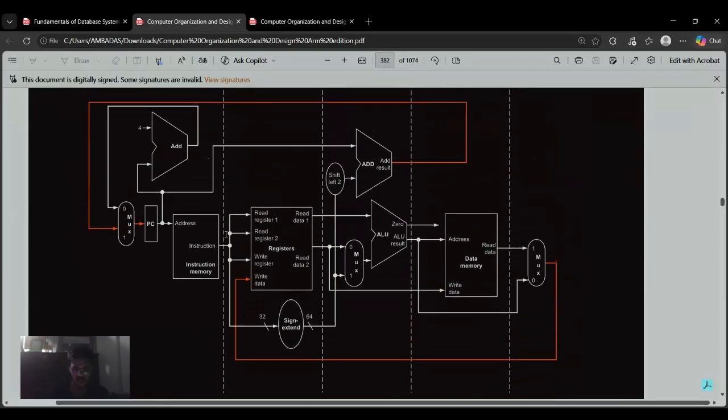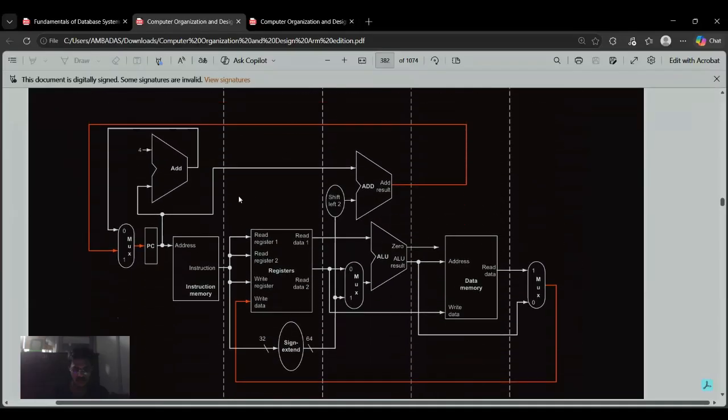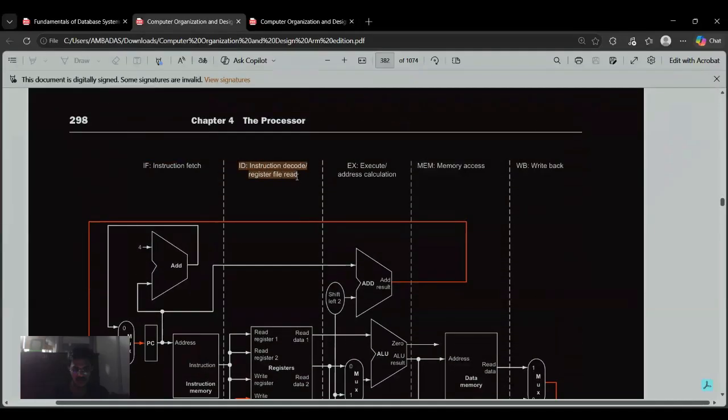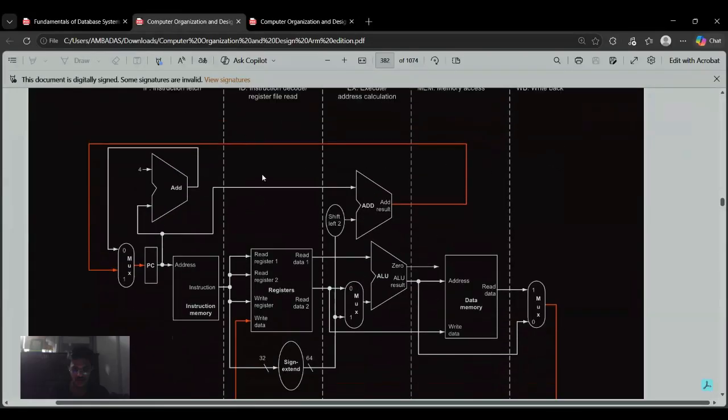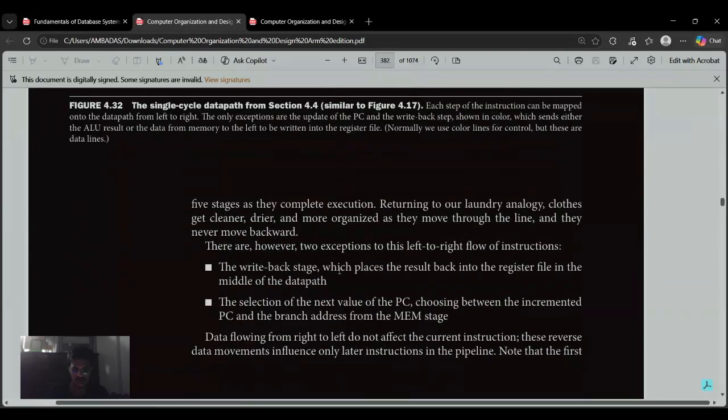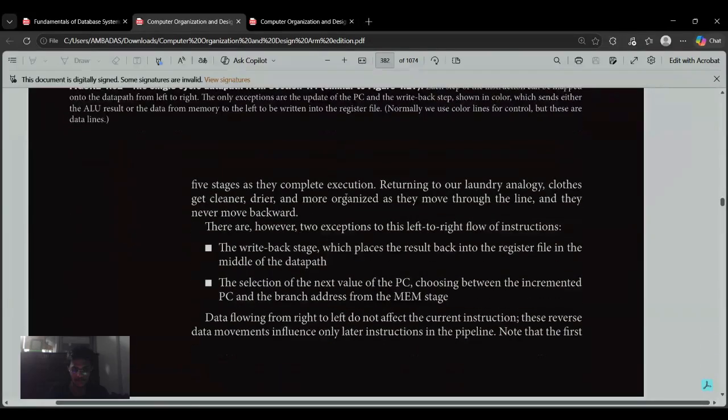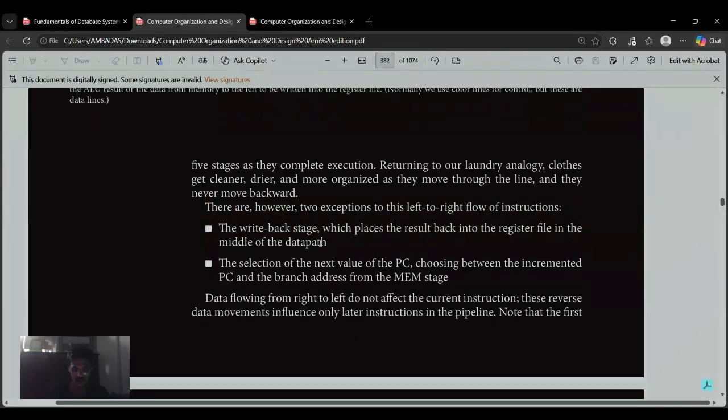And this is its diagram. As you can see, we are dividing this datapath into five stages. And there are two exceptions to using these five stages, and I'll give you an overview.